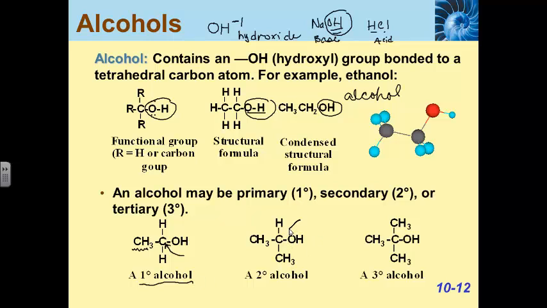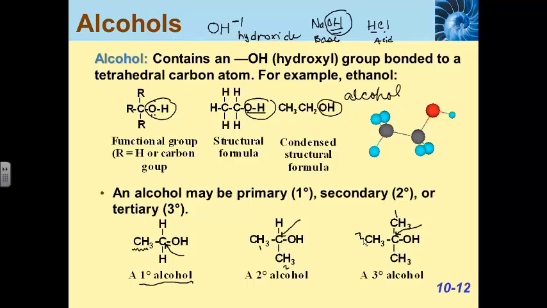In the second structure, the carbon that bears the functional group, the OH functional group, contains 2 carbons attached to the carbon that bears the functional group. It is known as a secondary alcohol. And in the third example, here is the carbon that is attached to the functional group.